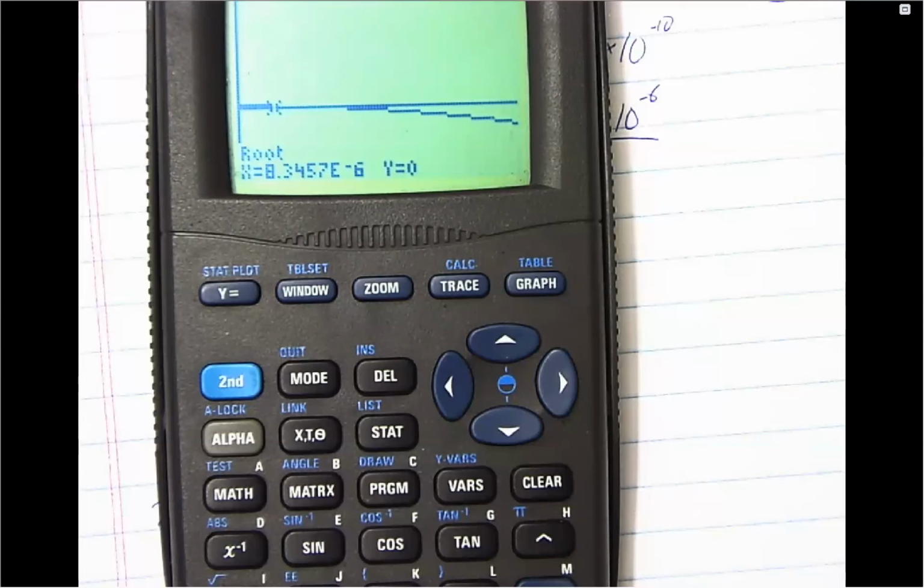It makes it a lot faster than having to draw a box, zoom, draw another box, and zoom. But we got the same place. And the TI-84 pluses or 83 pluses, they have all those same tools on them. Instead of root, it may call that calculation a zero instead, but it's the same thing.